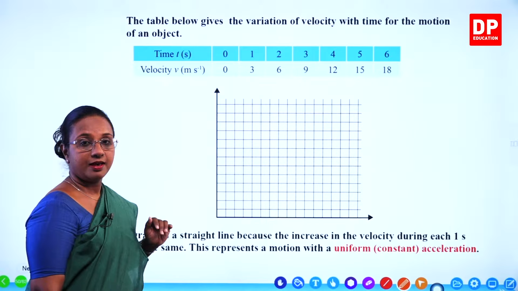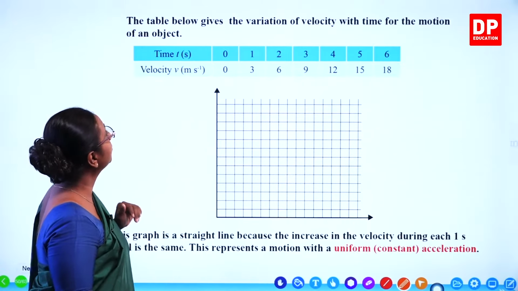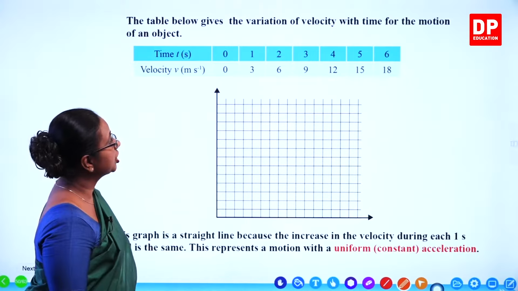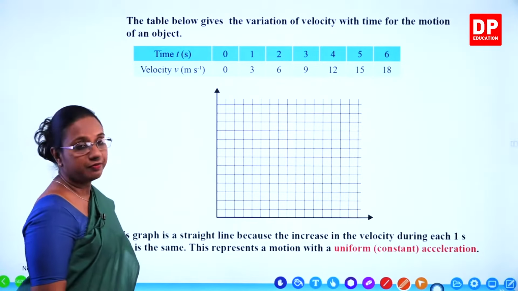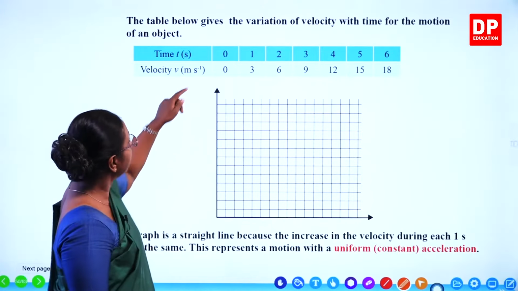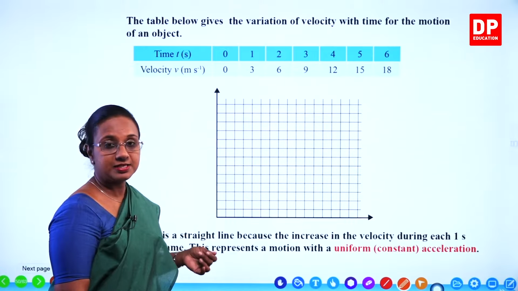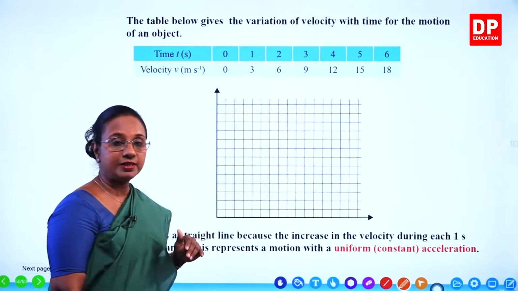So here they have given you a table that shows time with velocity. So the table below gives the variation of velocity with time for the motion of an object. As you see, it starts with 0 time and 0 velocity. Then the velocity increases with time.